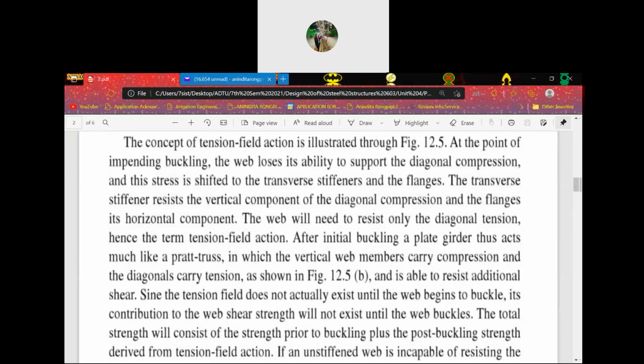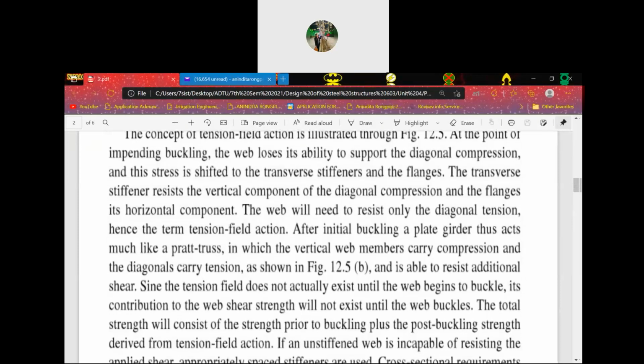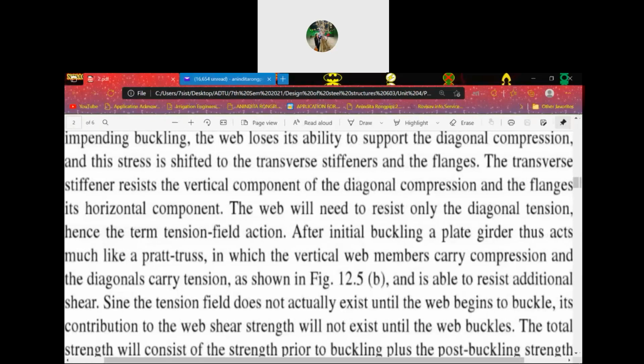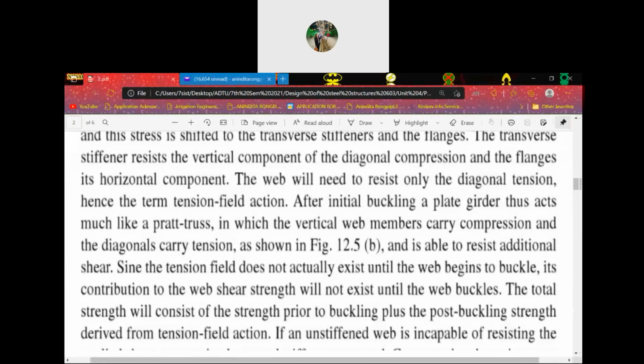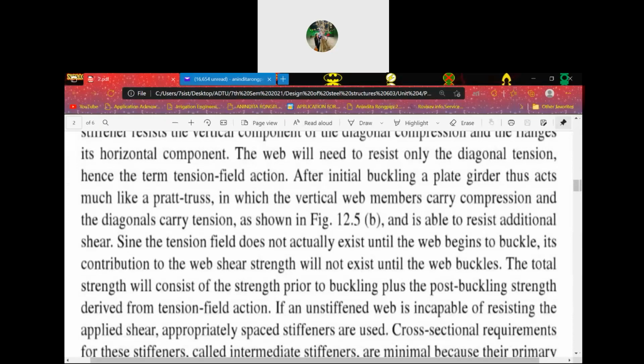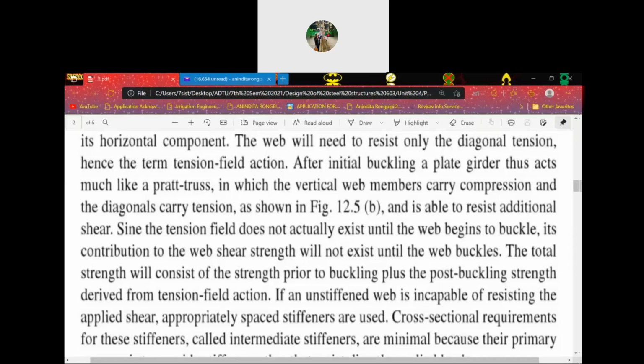So the web needs to resist only the diagonal tension, hence the term tension field action. After initial buckling, a plate girder acts much like a Pratt truss, where the vertical members carry compression and the diagonals carry tension, and it is also able to resist additional shear.